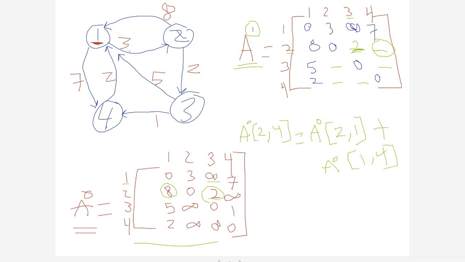So A0 of 2 to 4 is infinite. Is it less than or greater than A0 of 2 to 1, which is 8, plus A0 of 1 to 4, which is 7?